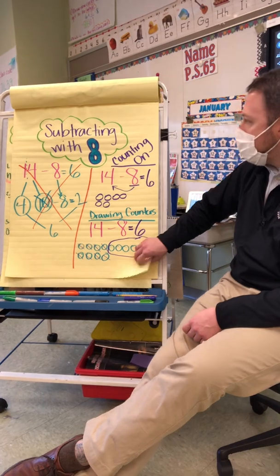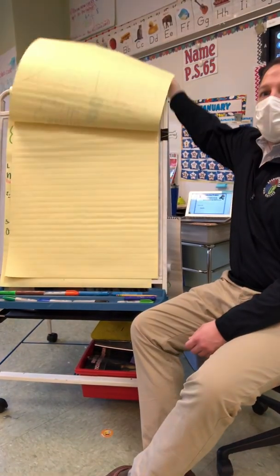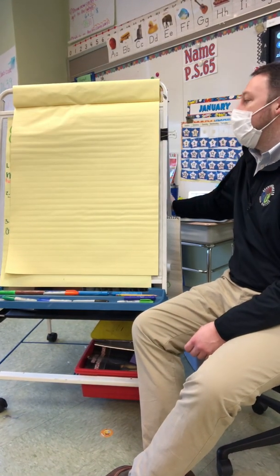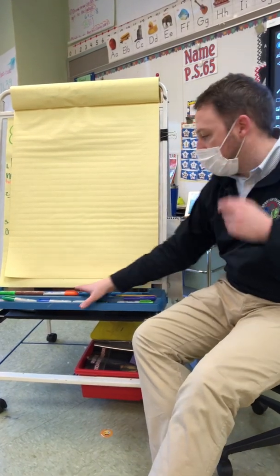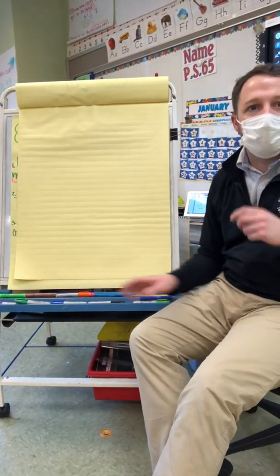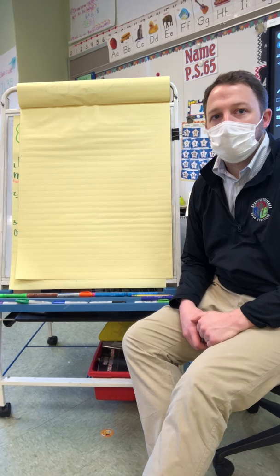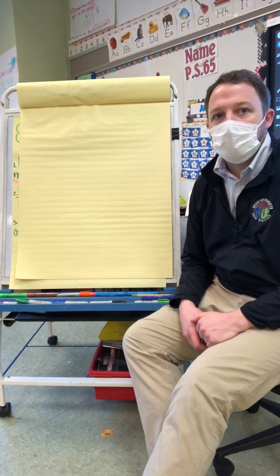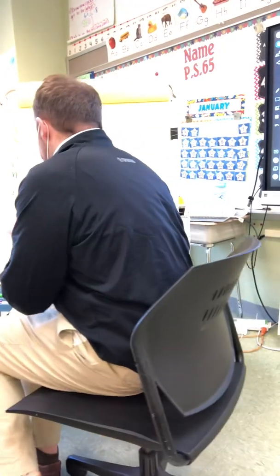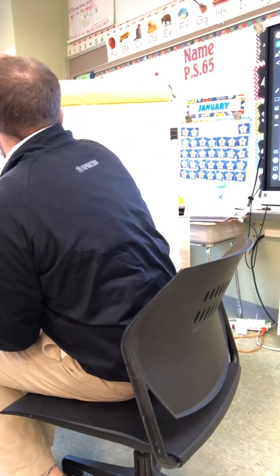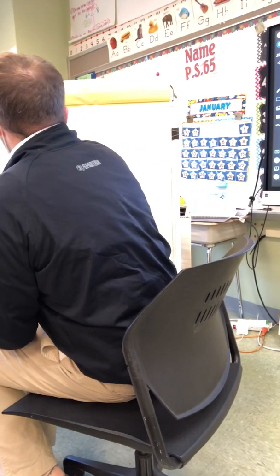Let's do one more together. You guys, can we do one more together? Yeah. All right. So, someone give me a number in the teens. Anybody? Give me a number between 10 and 20. Noe. 15. Beautiful. I love every second of it. So let's do 15 minus 8, right?